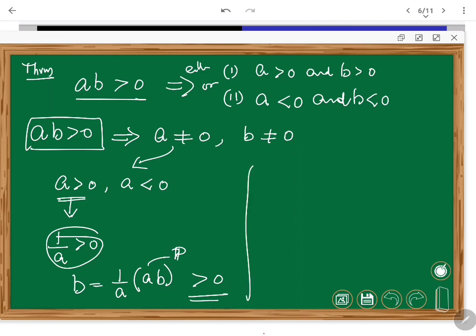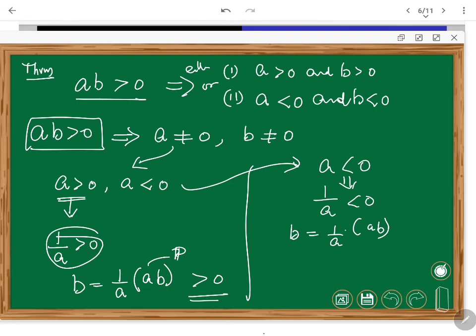Now, on the other hand, suppose A is less than 0. Then 1 by A also should be less than 0. If you are rewriting B as 1 by A times AB, what can you say about that?